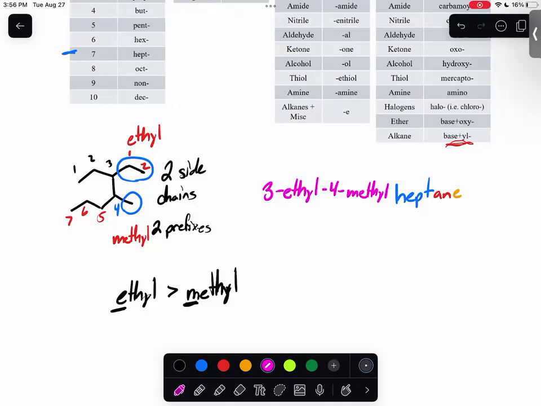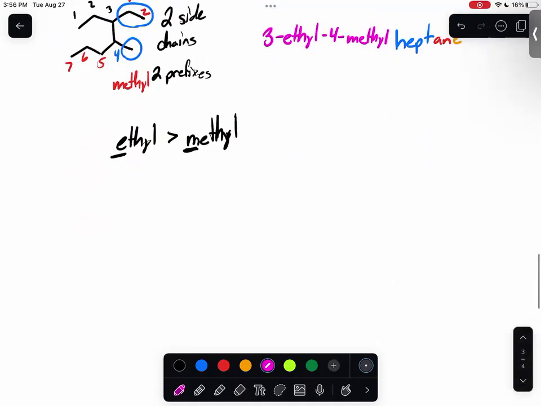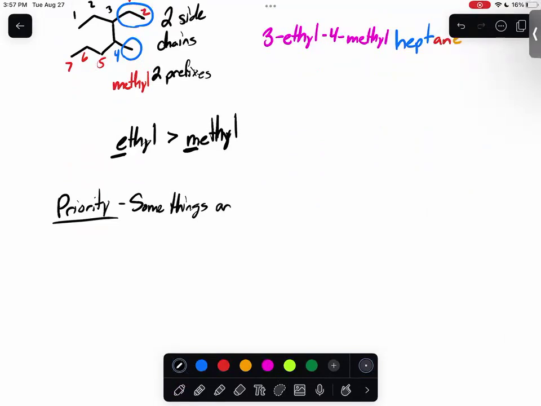Okay? So, with that being said, there are a couple other rules, but these are going to be relatively simple by comparison. So the last rule that we need to talk about is called priority. And what priority is pretty much saying is some things are more important. All right?